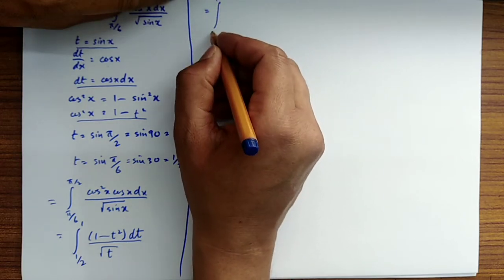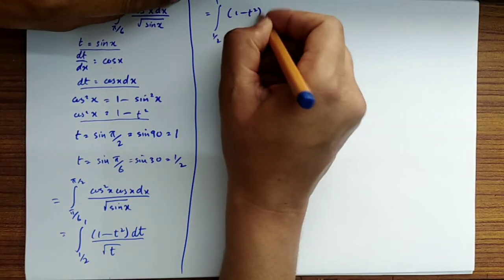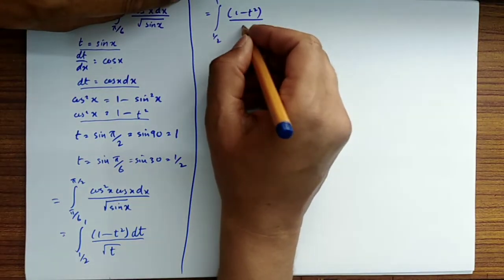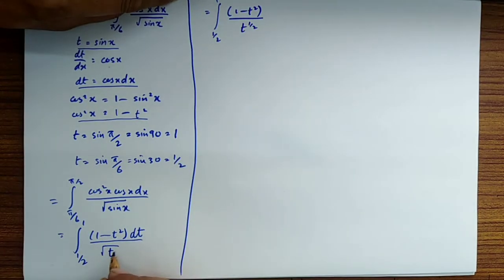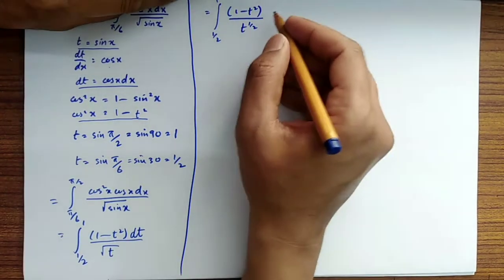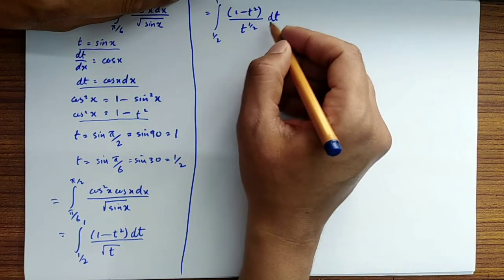1 upon 2, whole divided by t to the power 1 upon 2. I have just removed this root symbol and written 1 upon 2, and this is dt, right?